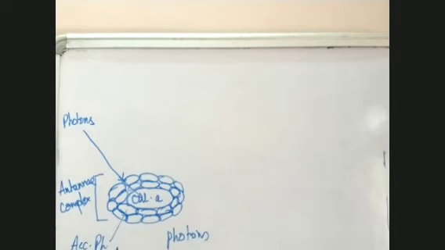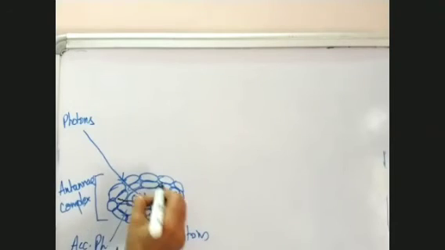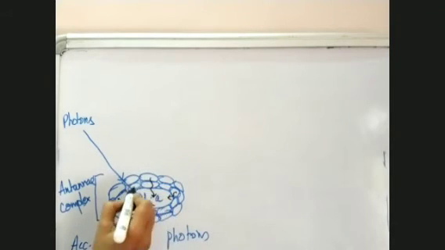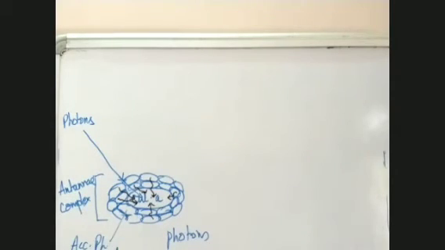The difference is chlorophyll A absorbs on its own and utilizes it, whereas the accessory pigments absorb light and then transfer it to chlorophyll A. So that means chlorophyll A, being the major pigment, doesn't only receive light on its own, but it gets the energy from the accessory pigments also.